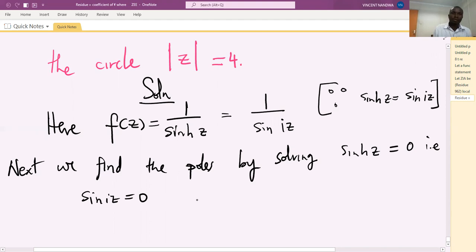Now, the values of z which will give us sine of iz to be 0 are n pi i, where n is an integer.